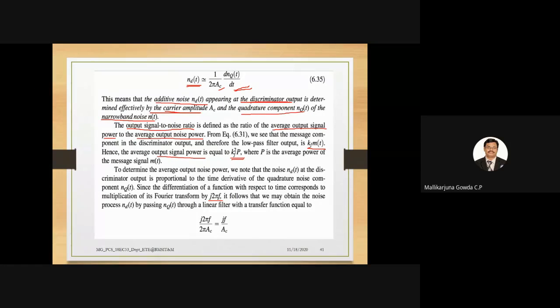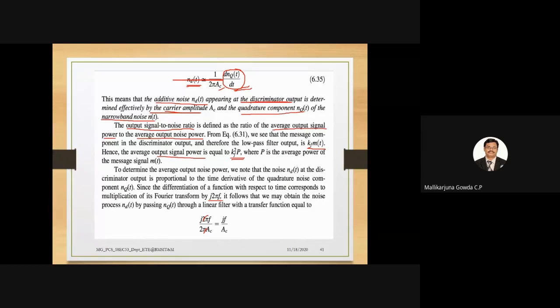So j2πf is the Fourier transform of this part, d/dt of n_q(t), and the denominator term will be 2πA_c. This 2π and this 2π get cancelled, and we get jf by A_c.